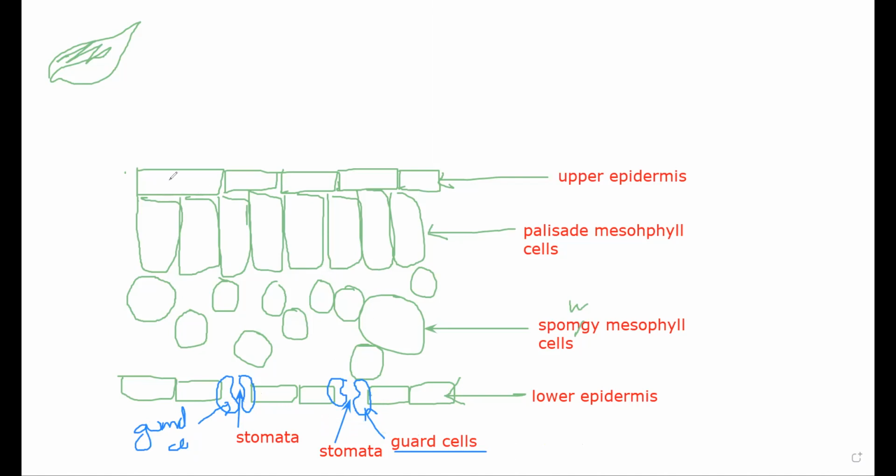Now what happens is, photosynthesis should take place inside all these cells, okay? So the palisade mesophyll cells have many chloroplasts inside them. So what is the function of chloroplast? Take your note and tell me. Check your note. What is the function of chloroplast?